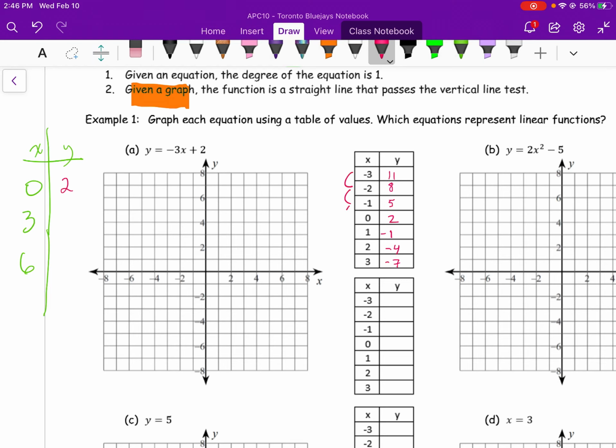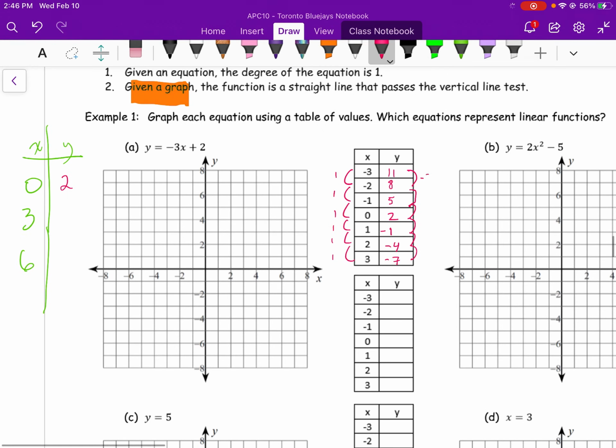That is, if we increase by a constant amount in the x, and here we're going to increase by 1, the y value also changes by a constant amount. And here the y value changes by -3 each time.